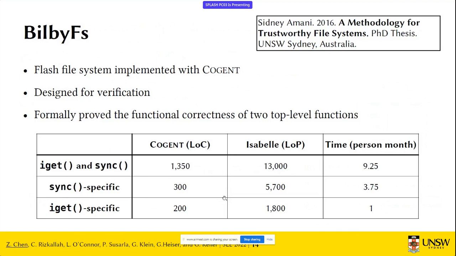Put together, for 1,350 lines of COGENT code, we needed to manually write about 13K lines of Isabelle proof, and that took 9.25 person-months to finish. So this is still relatively expensive.